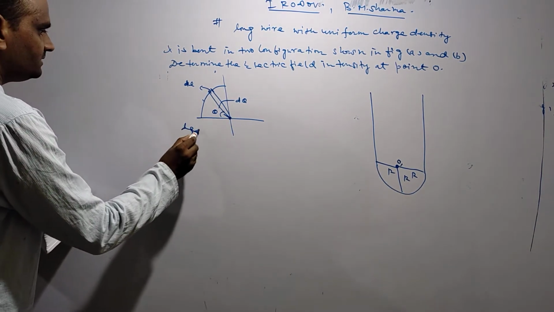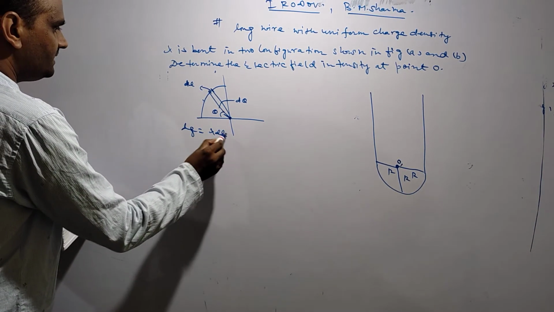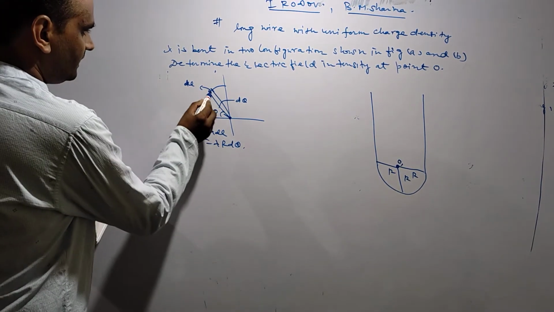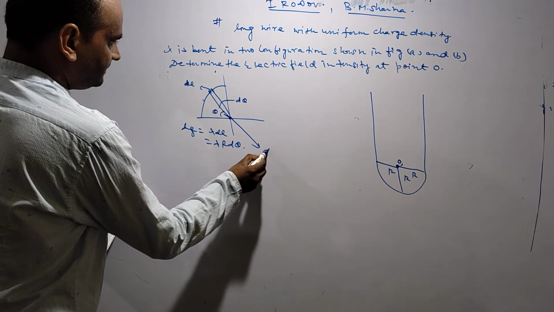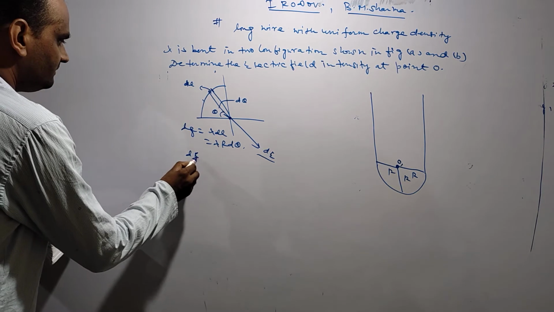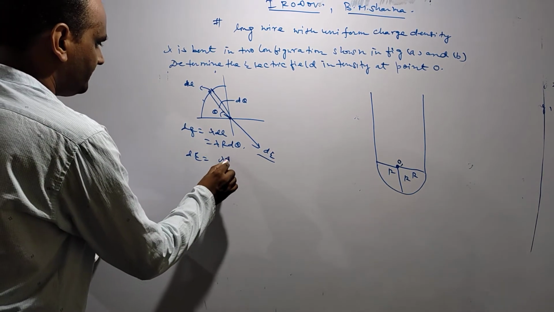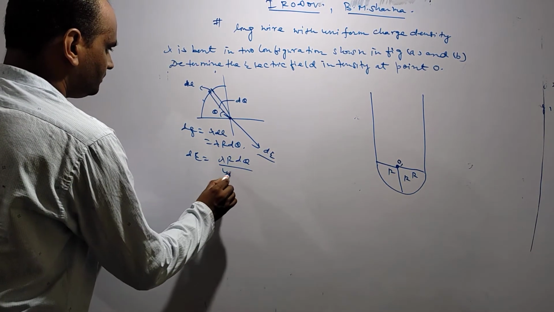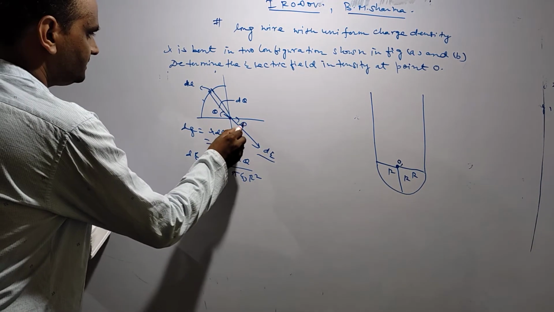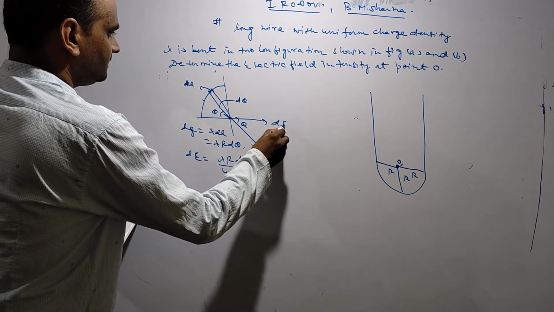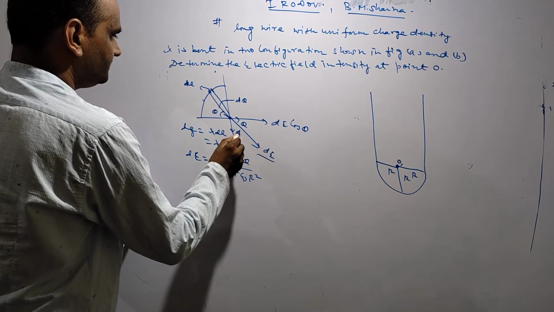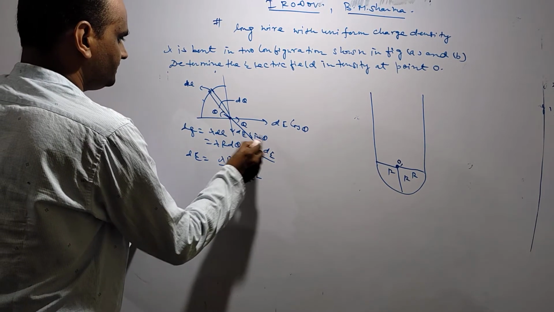So dq is nothing but lambda dl, lambda r d theta, and it will make an electric field in this direction. So dE we have lambda r d theta over 4 pi epsilon naught r square, and this is angle theta. So in these directions component of dE will be dE cos theta, and this direction will be dE sin theta, okay.